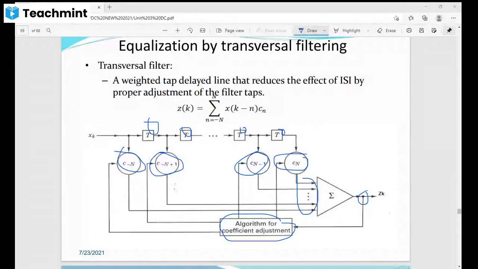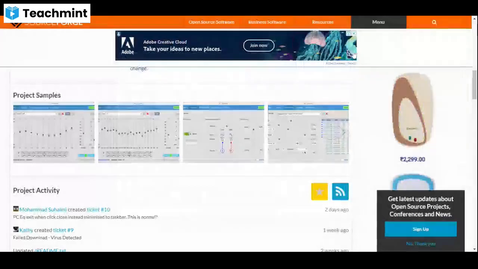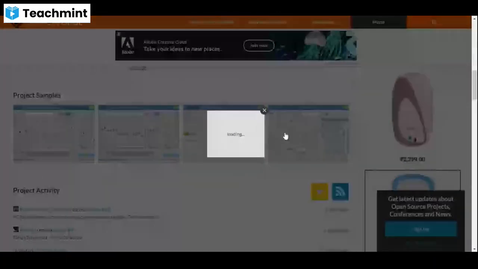Here these are the taps. By adjusting these taps, you can set it as per your requirement. This is one type of equalizer. You can adjust the parameters as per your choice.